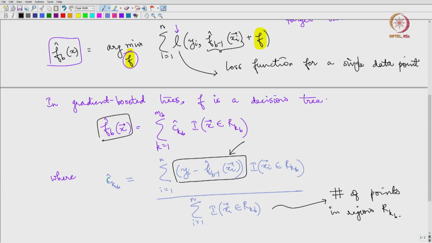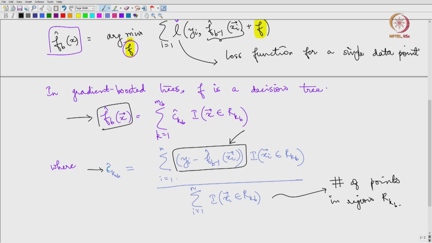I hope this makes sense now: this is the prediction of the decision tree, and these are the weights of each of the nodes inside the decision tree, and those are simply based on the residuals.